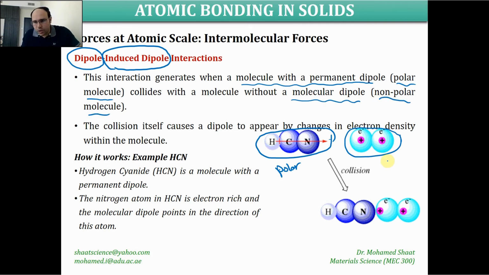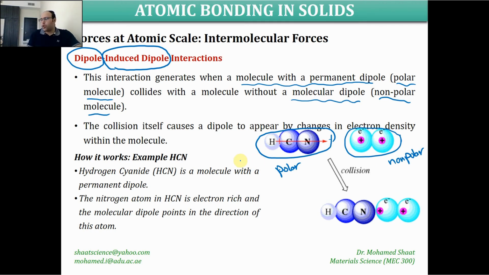So this is the non-polar molecule. The non-polar molecule is symmetric. The charges are symmetric all around the boundary of that molecule. It is surrounded by negative charges from all sides. The negative charge here is equivalent to the negative charge there, equivalent here to the top. In all directions it has symmetry in terms of the electricity.